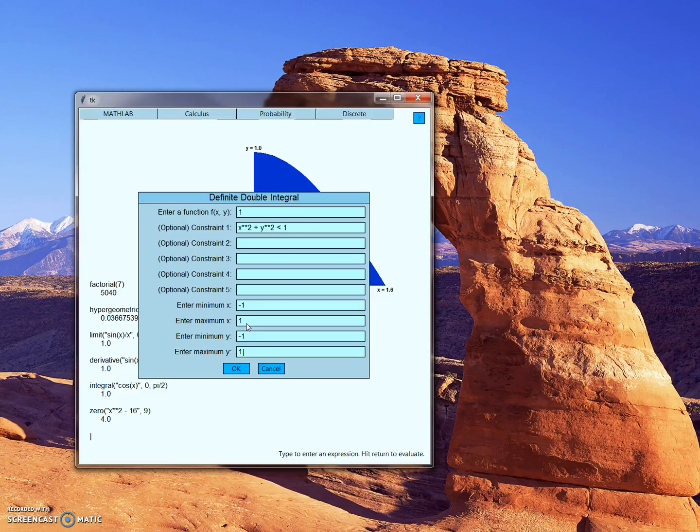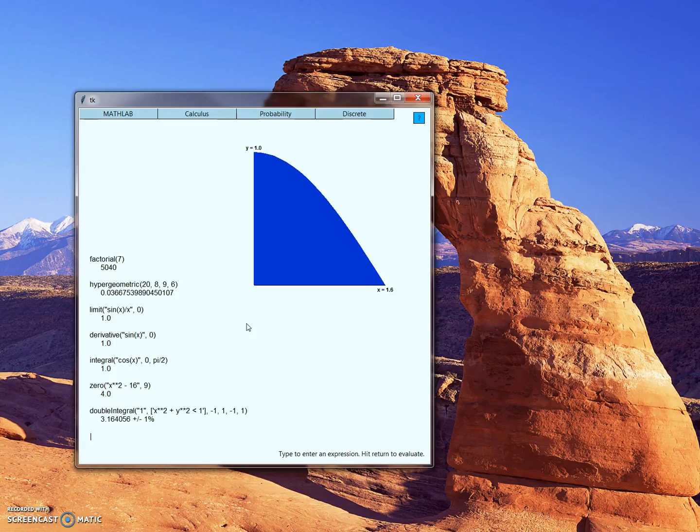And so we can see here that we would expect the area for a unit circle to be approximately pi, and we see that is the case here.